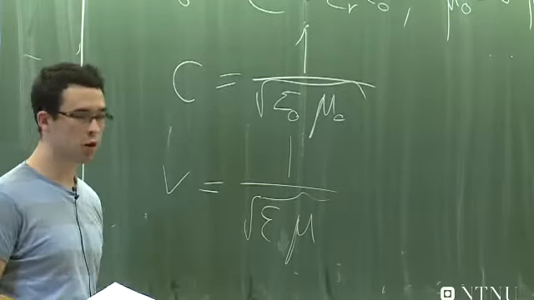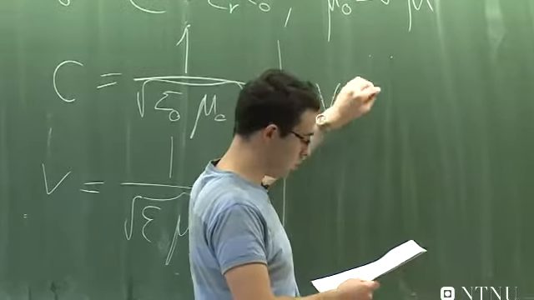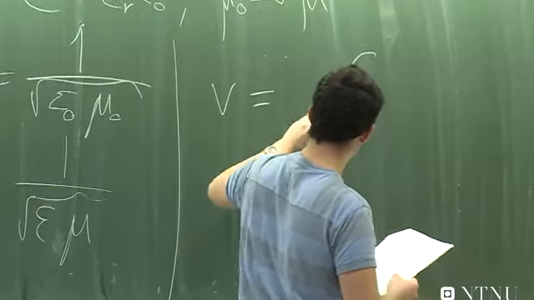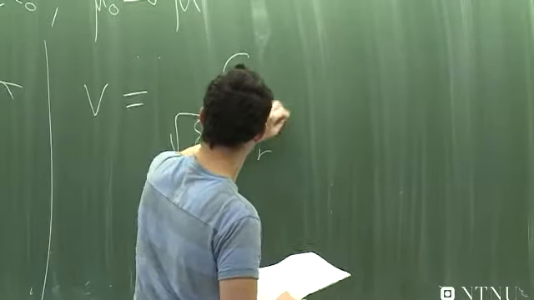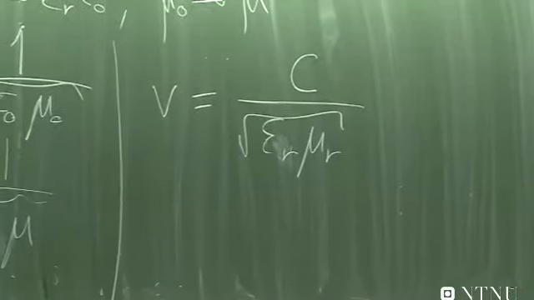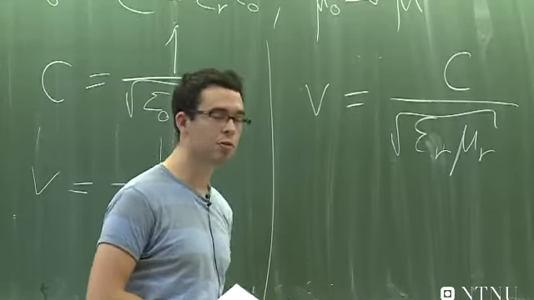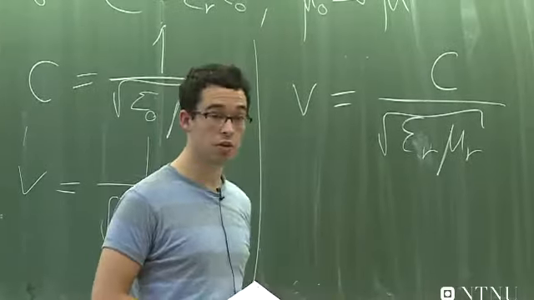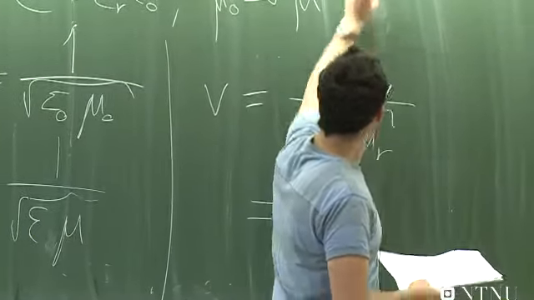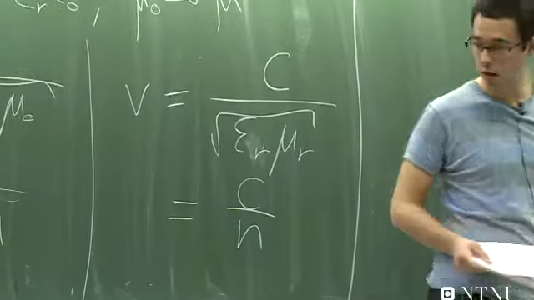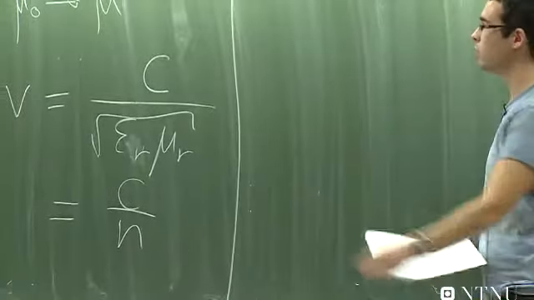And now if I rewrite this in terms of epsilon r and mu r, I can write that v is equal to c over epsilon r mu r under the square root. And now this is, if you remember from wave physics, just the index of refraction. Meaning that the index of refraction is in fact equal to the square root of epsilon r mu r.